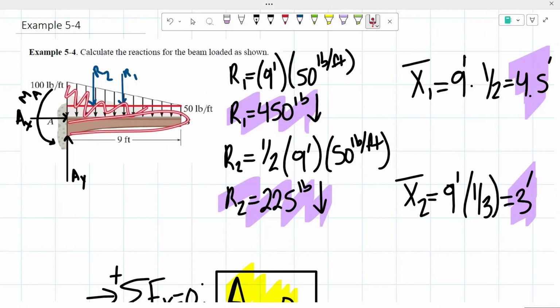So we took this loading and split it into 2 different loadings to be able to determine the concentrated forces for this rectangle and this right triangle, since we know how to find those concentrated forces for both of those shapes. From there, we determined the locations of those 2 forces from point A, because we were going to use that later on.